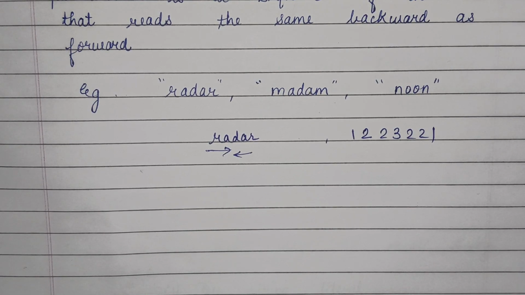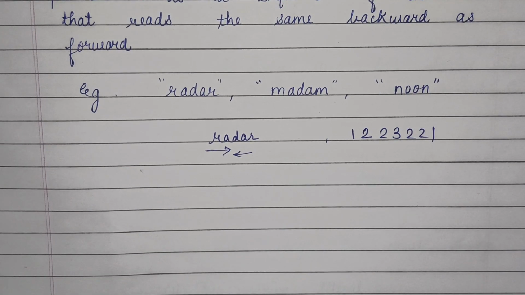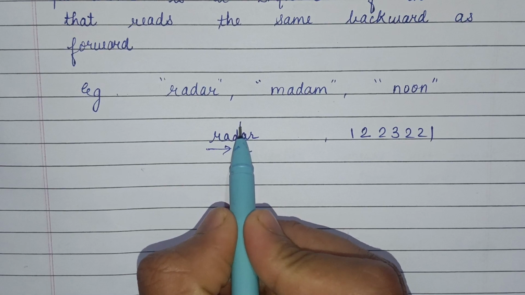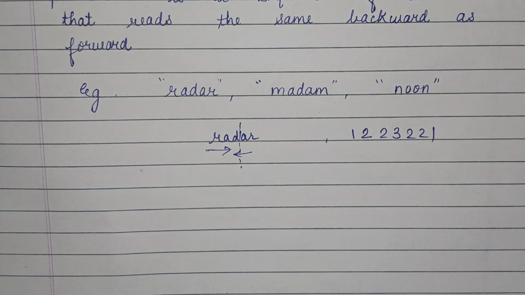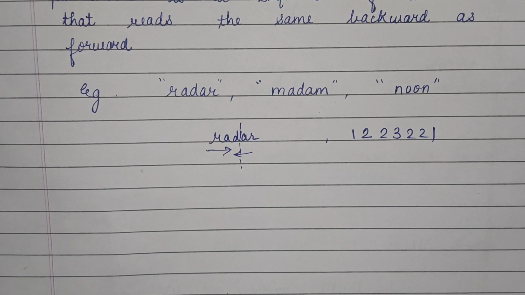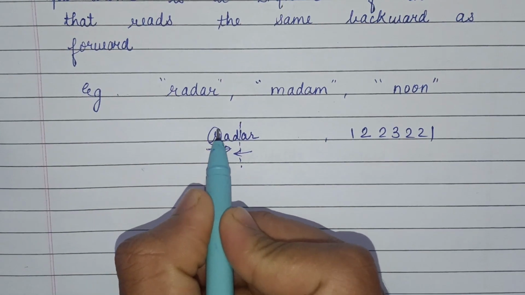In this problem we have a string and we have to check whether that string is a palindrome or not. If it is a palindrome, then we return true, and otherwise we return false. What we will do is divide the word from the middle. Then we will compare: if our first element is equal to our last element, so this is first and this is last.